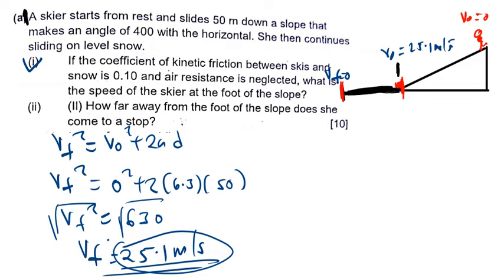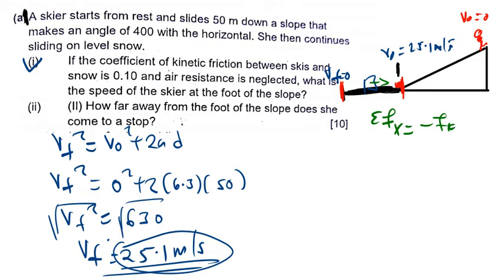First I need to find the acceleration, because the only force acting in that case was decelerating. It was the friction force, opposing the motion. That's the only force there.